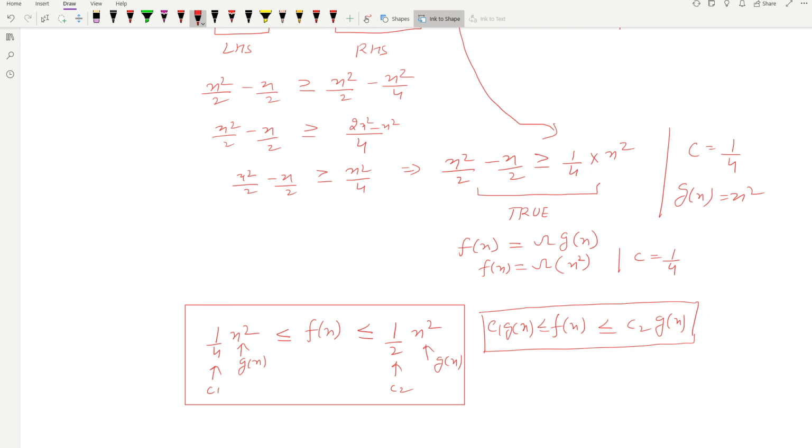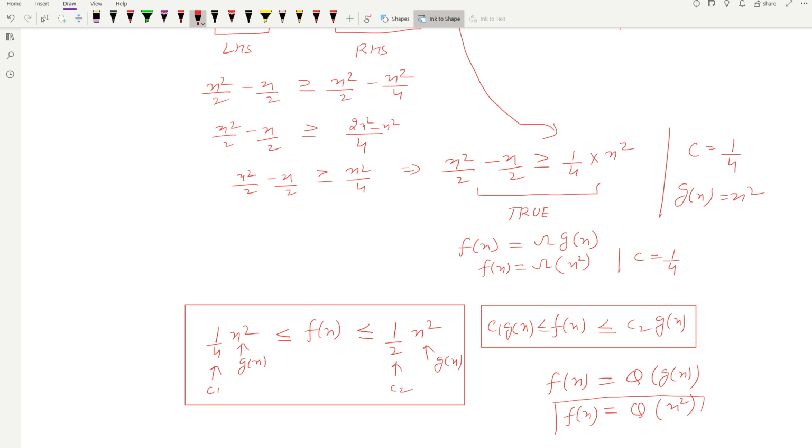If we can prove that this function f of n lies between these two bounds, then we can say that this f of n is theta of g of n. So we have proved this thing. What is g of n here? This is n square. So this is what we have to prove. Okay, in this way we can do such kind of proof.